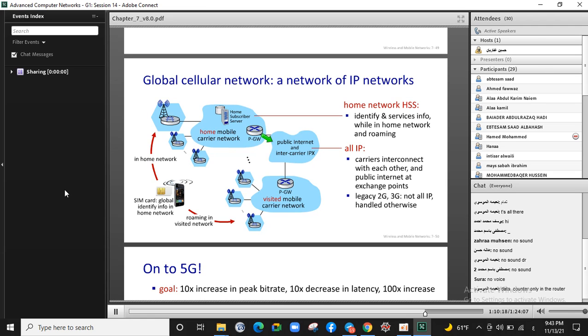So in IP version 4, we use completely IP-based networks. My backbone is fully IP-based.